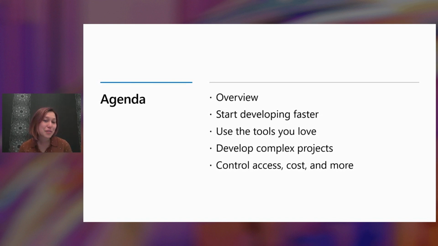And then my two favorite points, we're going to talk about the complex scenarios that we've started to better support, as well as all of the different policies that are available to your admins or team leads to really give them the control and insight that they need to feel great about rolling Codespaces out to their teams.